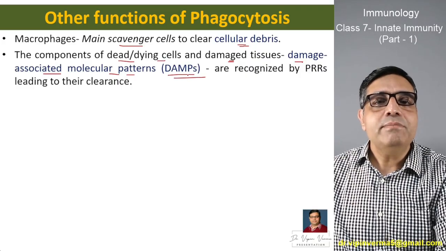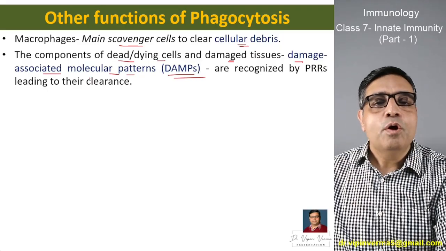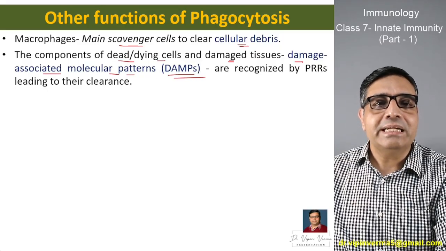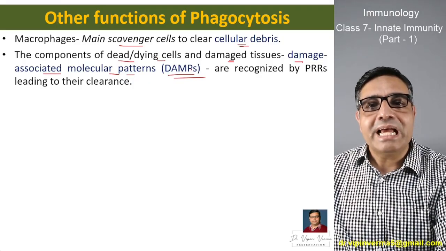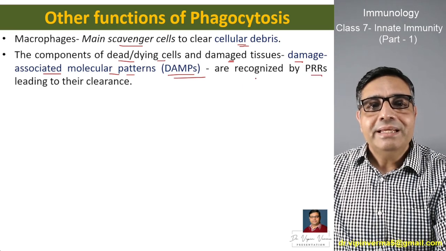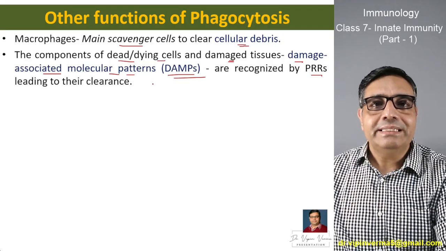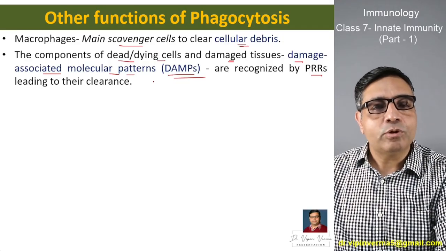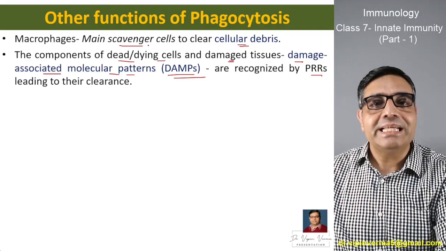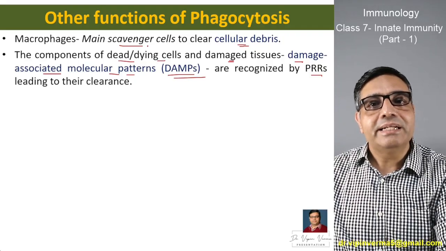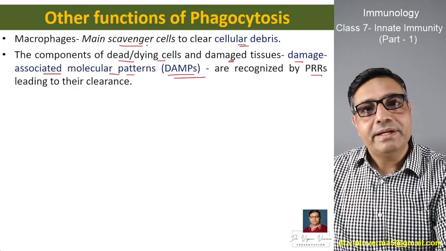Okay, what are DAMPs? DAMPs are the damage associated molecular patterns, and these are the components of the dead or dying cells and the damaged tissues. So once these DAMPs are recognized by PRRs, then it leads to their clearance, and through the process of phagocytosis, these macrophages, which are the main scavenger cells, clear the tissue from any debris.